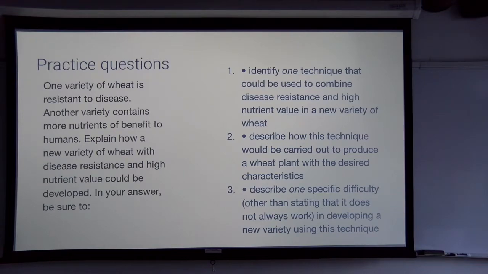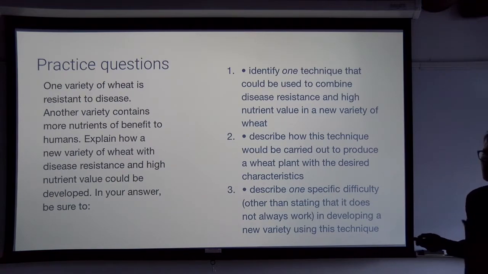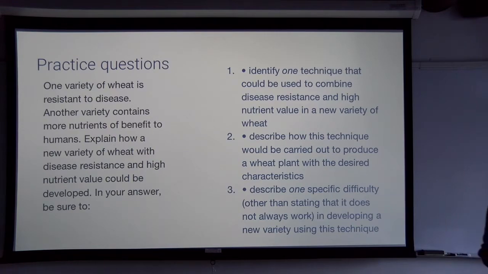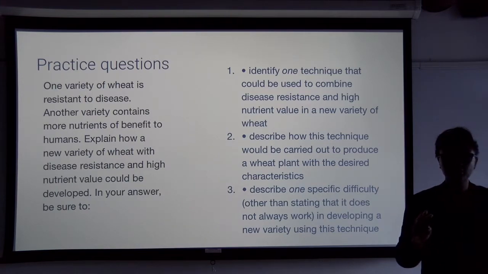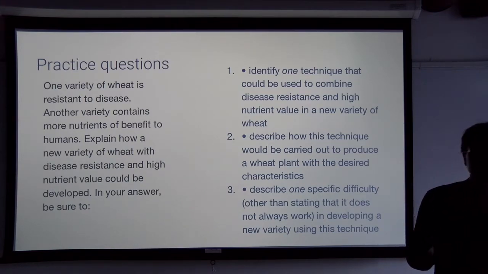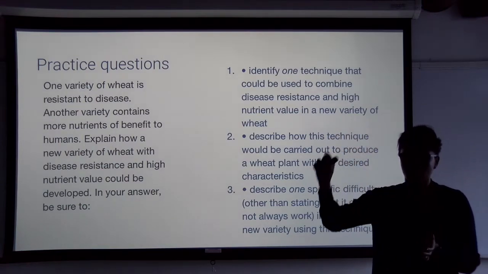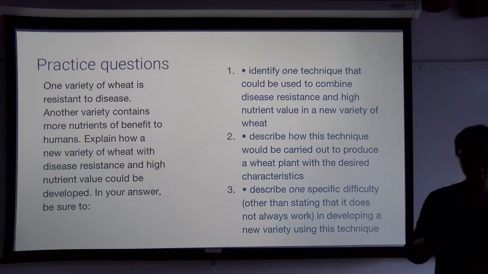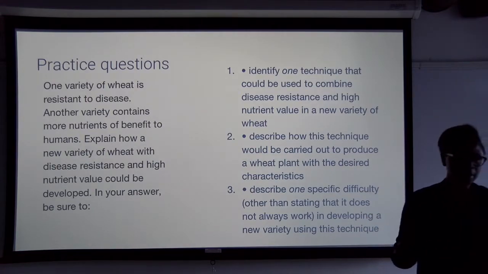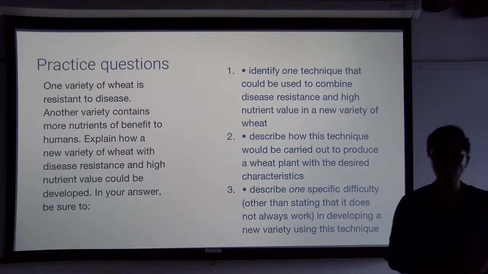If you chose genetic engineering, then you could discuss that you are moving the gene from one organism to the other. If you chose selective breeding, you could say that you're mating two organisms for that desired trait. So understand the difference between the two, guys. With genetic engineering, you're actually removing the gene from one organism to the next, whereas with selective breeding, you have to mate, cross-pollinate the plant or the animal to get those traits.